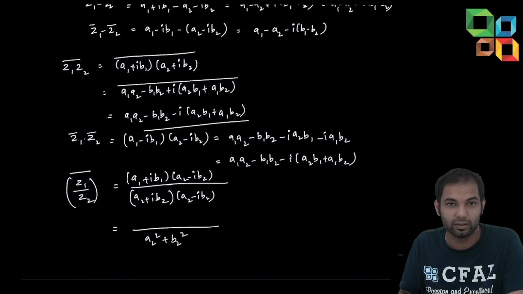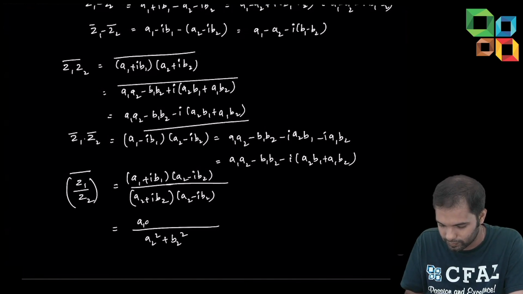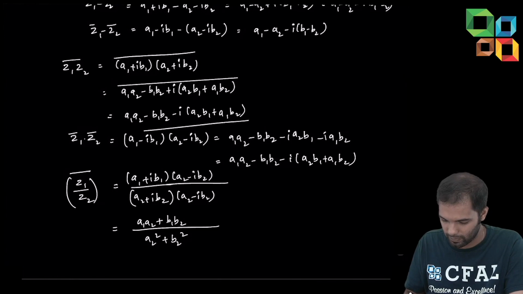It's not that big that I have to substitute K. Numerator, what happens? A1 into A2, fine. B1 into B2 with a negative sign. There's already one negative and i square, so it will be positive. So B1 into B2.